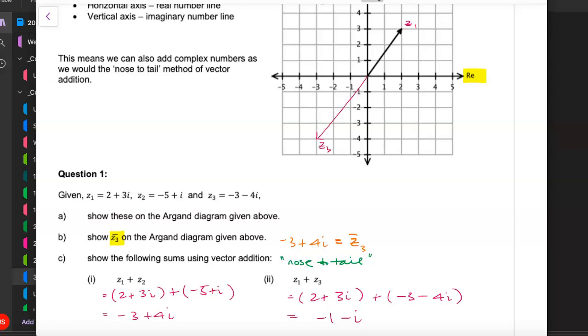And we can see that if we're talking about vectors, they're not parallel, they're actually in the opposite direction, z3 compared to z1. So if we had nose to tail, if we said z1 plus z3, we're going to end up with our solution of (-1, -1), which is going to give us that vector, negative 1, negative i.